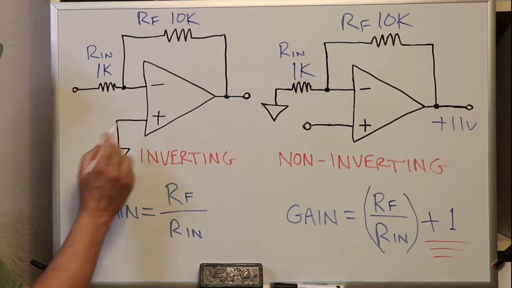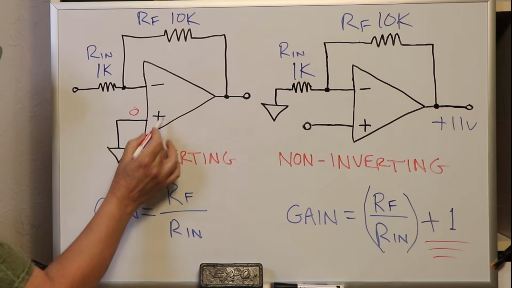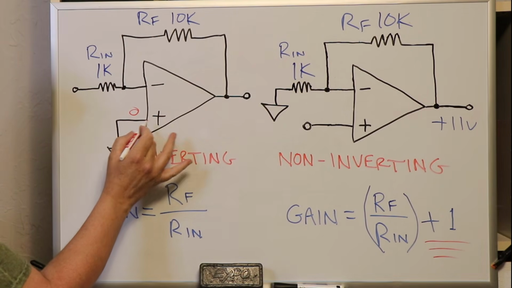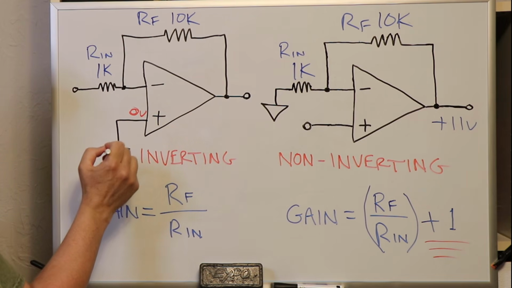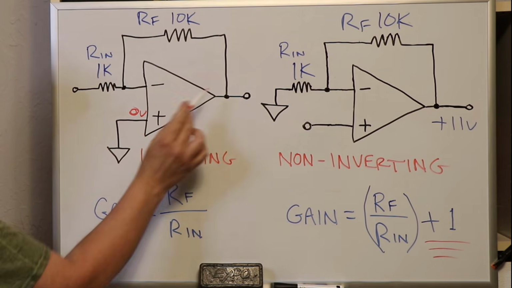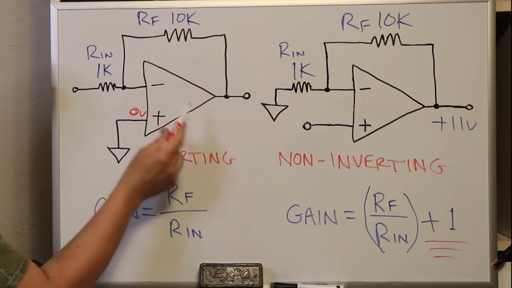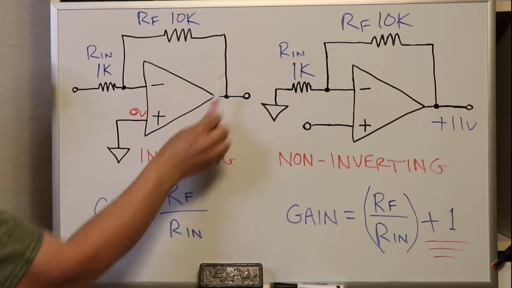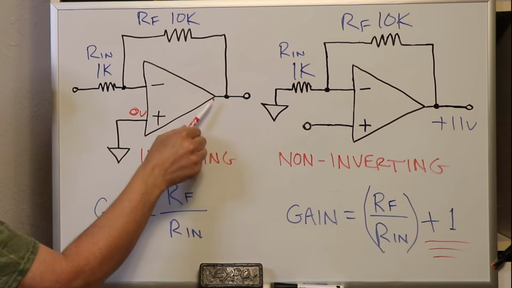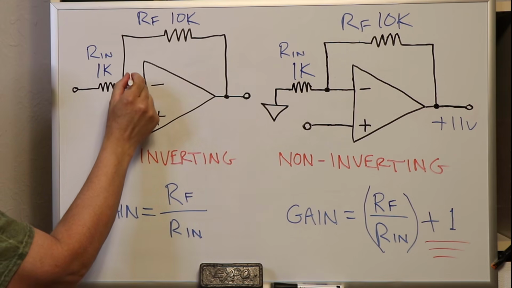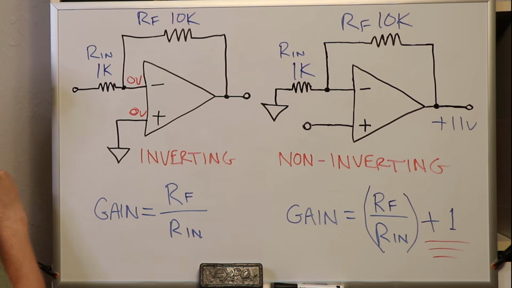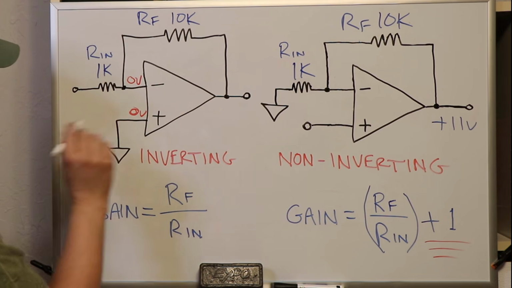We know that since our non-inverting input is ground, we've got 0 volts here. So by definition, we have negative feedback. So the op amp, because it has feedback, is going to adjust its output to make sure that the inverting input also equals 0 volts in this case.